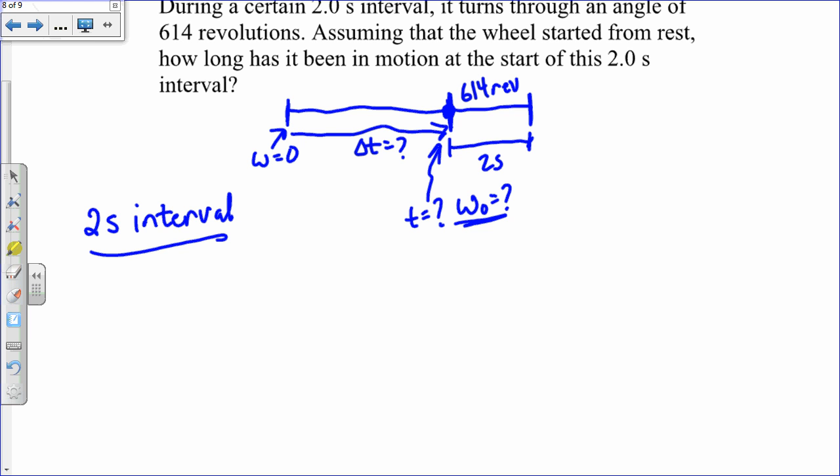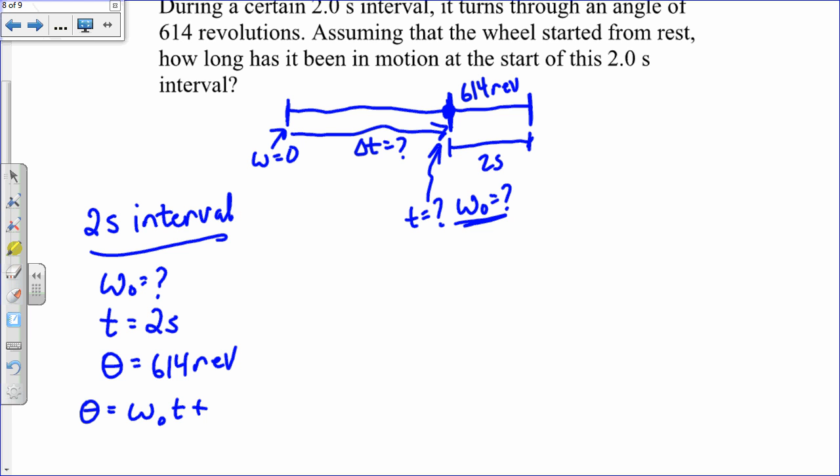I don't know what omega naught is. I know that during that time, t is equal to 2 seconds, and I also know that theta is equal to 614 revolutions. So theta equals omega naught t plus 1/2 alpha t squared.